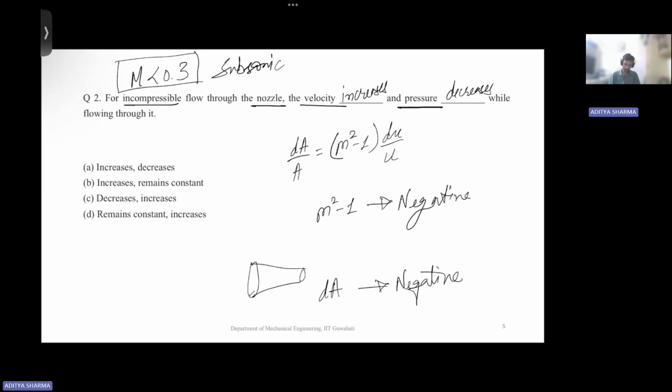In that case, to keep the left hand side negative, your du will be positive. So A is the correct answer to this question.